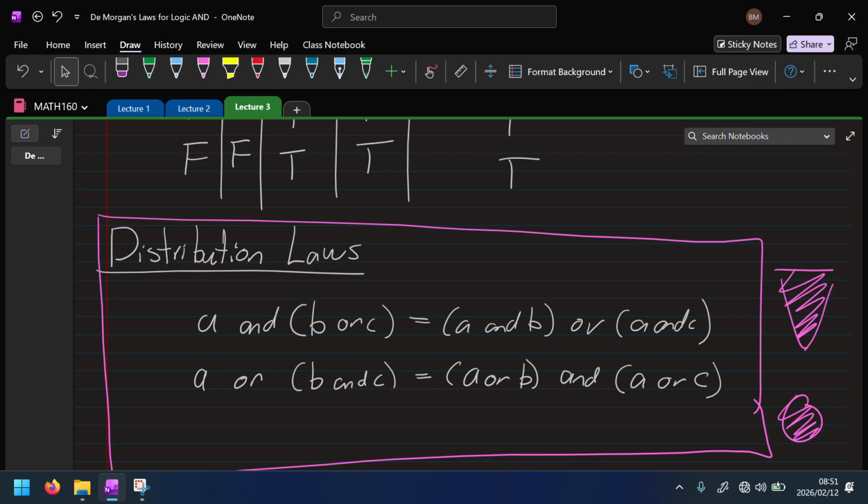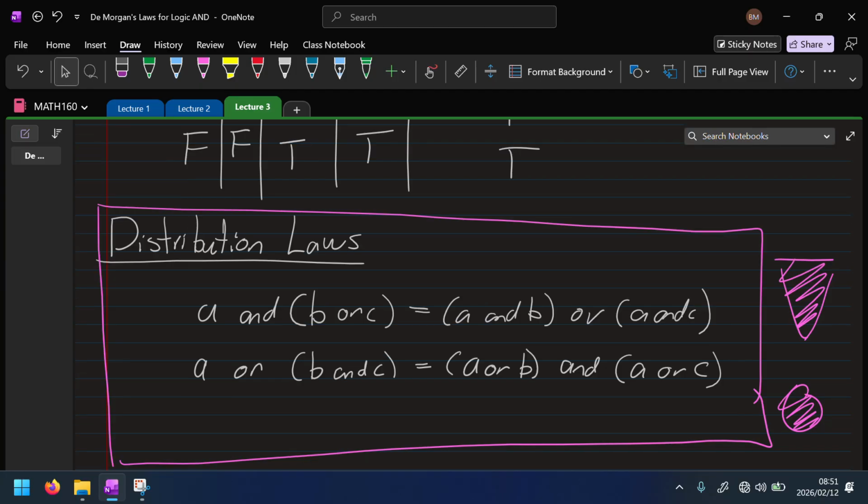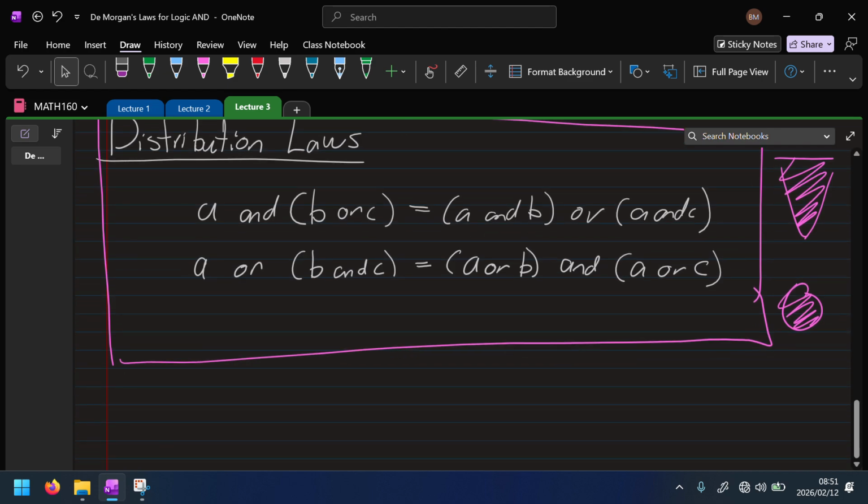We have A and C. A and C, and we've got like the plus in between. Okay. So again, think of the and like a times and the or like a plus. We have A. Okay, it's not exactly a plus and a times, but it gets the idea across.